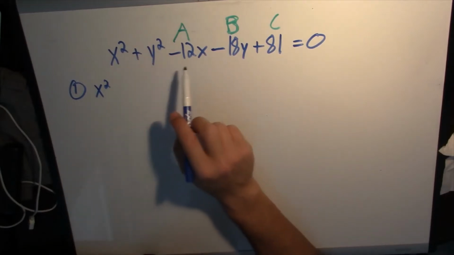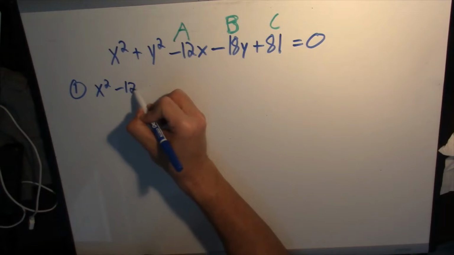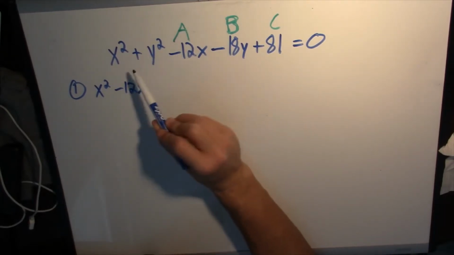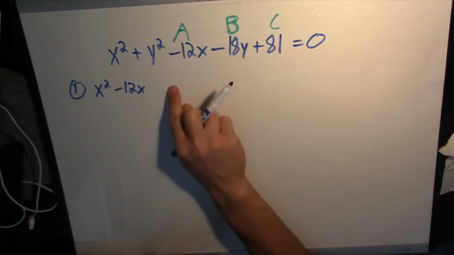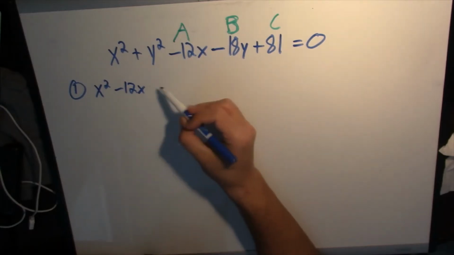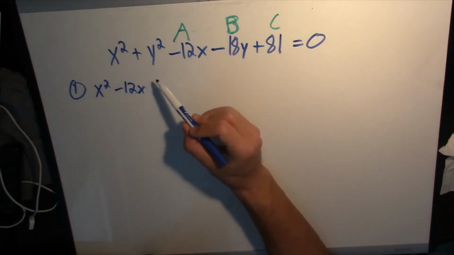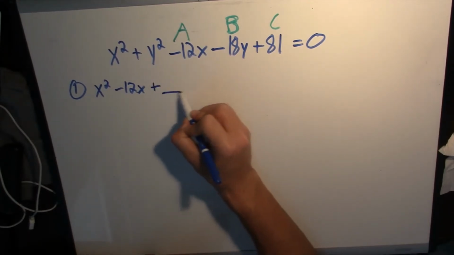I'm just moving everything around so that my x's are next to each other. I have x squared minus 12x. Okay, x squared and minus 12x, those go together. I'm going to purposefully leave a space in between. I'm kind of skipping ahead in the steps, but you'll see why in a second. And also I want to save space so we can get through everything. So x squared minus 12x, I'm going to go ahead and write plus, and I'm going to put a blank.